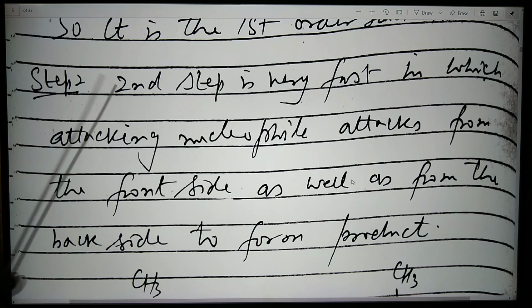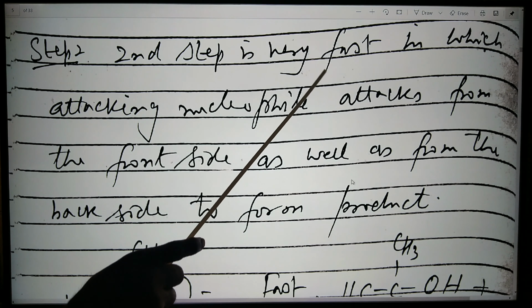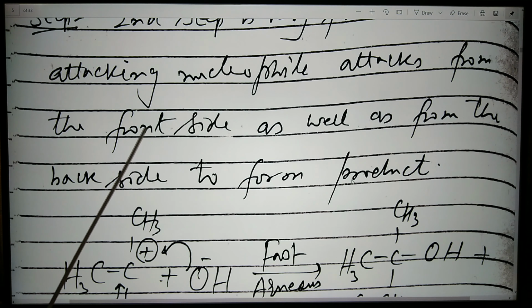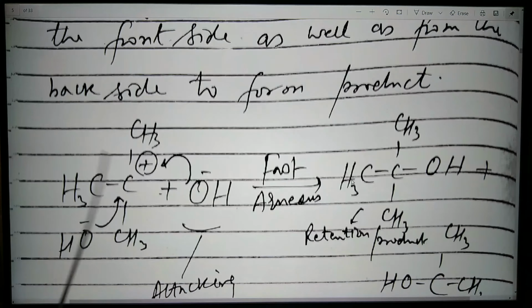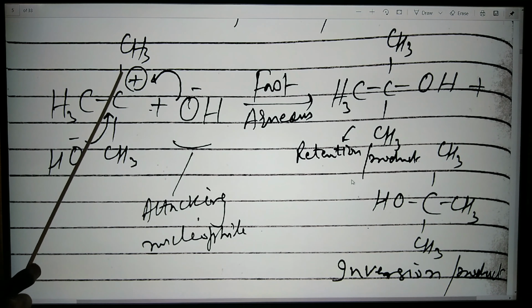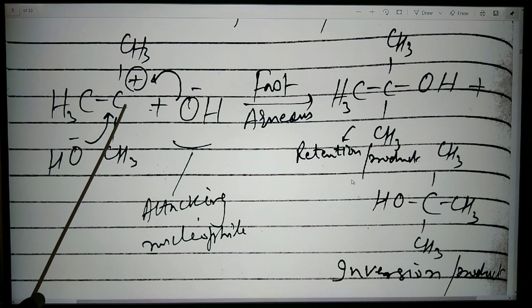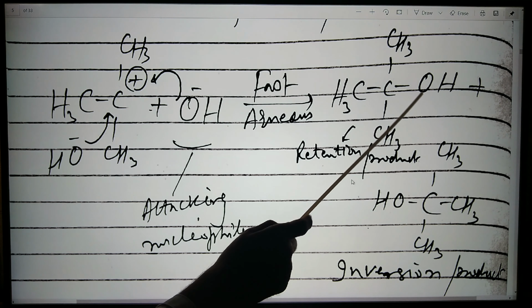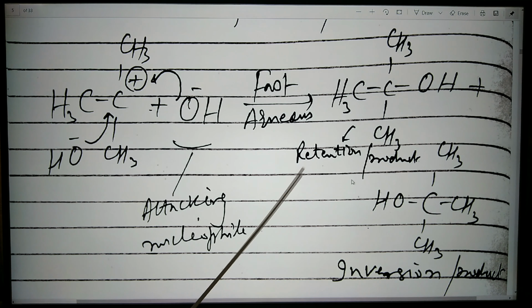In the second step, which is very fast, the attacking nucleophile attacks from the front side as well as from the back side to form the product. Basically, you know stereochemistry from chapter number 16. For example, if OH attacks on the front side, we get this product with OH on this side. This is known as the retention product.